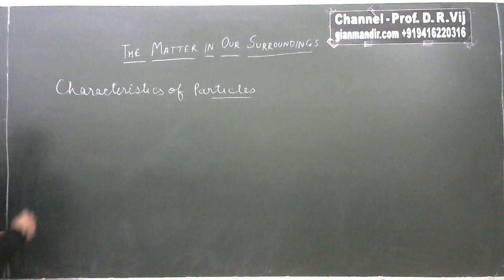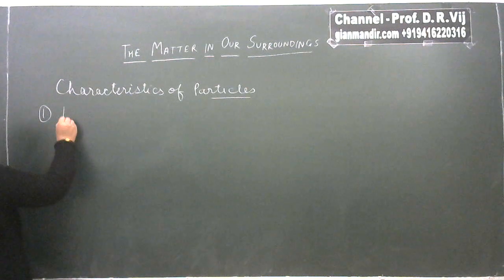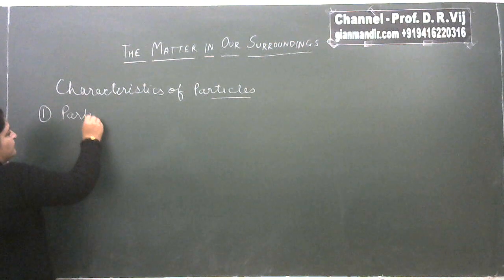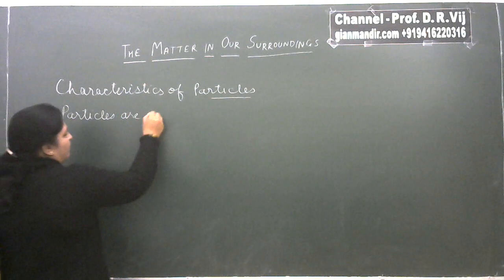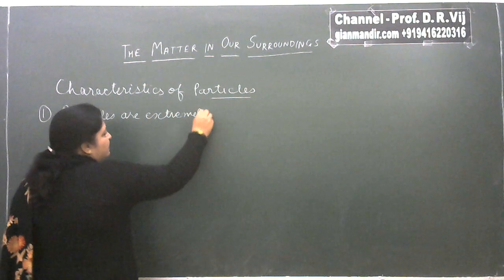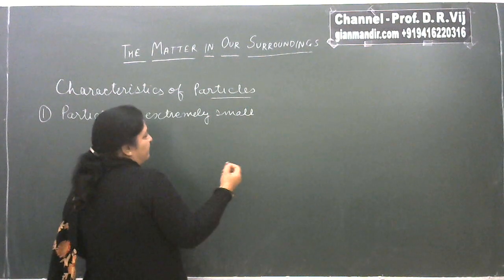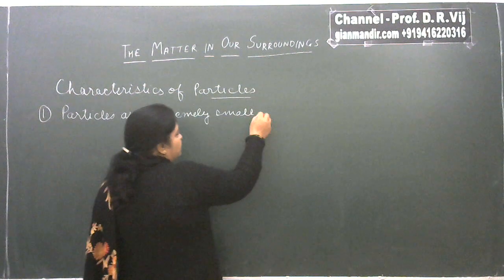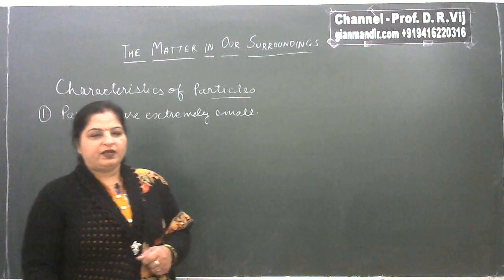If we look at the characteristics of these particles of matter, first of all we find that these particles are extremely small. They are so extremely small, you can say they are small beyond our imagination. We can't even compare how small these particles are.